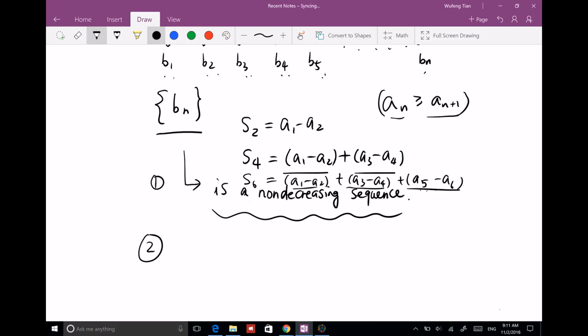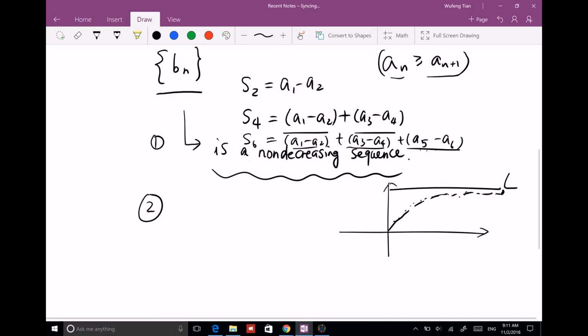For example, if you give a sequence, we're not talking about series, just sequence. If it is bounded at some point, you have an L here. If it continues increasing, it converges, because it never passes that L. It converges to that L for sure. Right? So next we need to prove, does this sequence have a boundary?